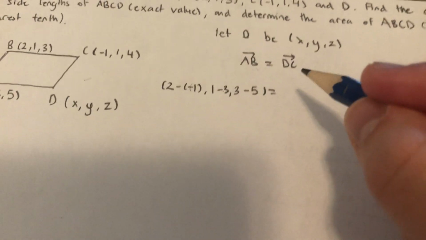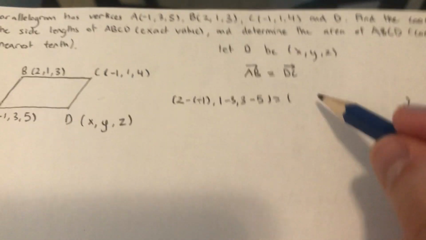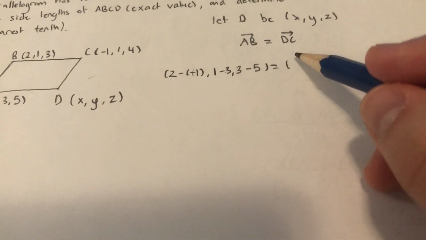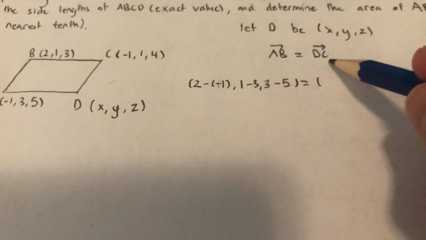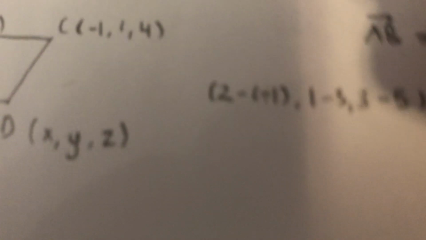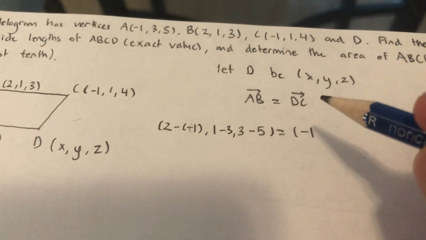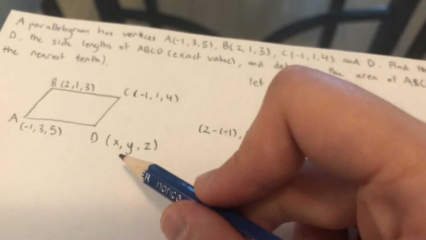And now let's do the same thing for vector DC. We'll need a pretty big bracket for this one as well. Repeating the same steps as earlier, we take the x value of the second point, subtract the x value of the first point, and do the same with y and z. So the x value of C, our second point, which is -1, we subtract from that the x value of D, which, since we don't know what it is, we just have a placeholder for now, which is x.